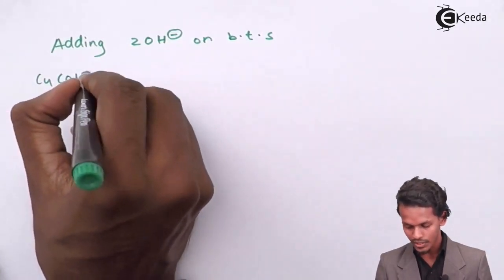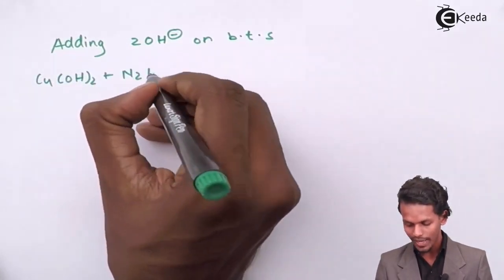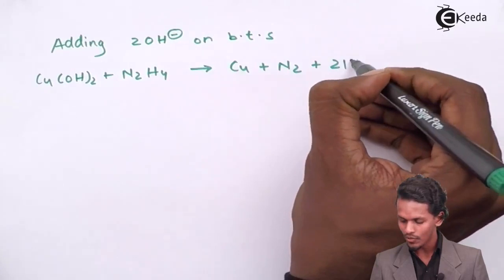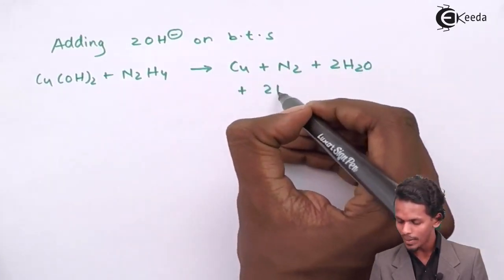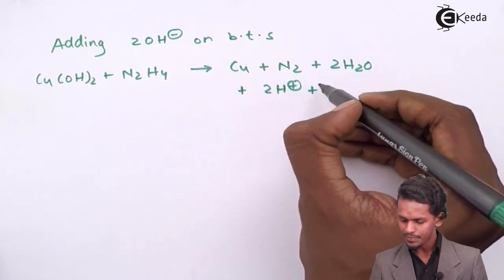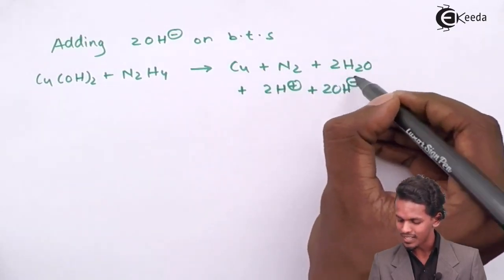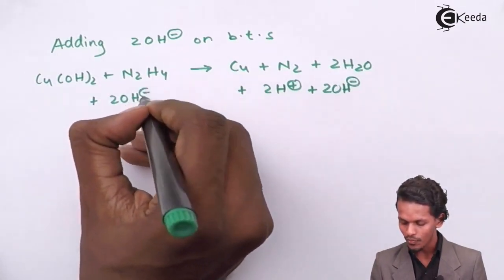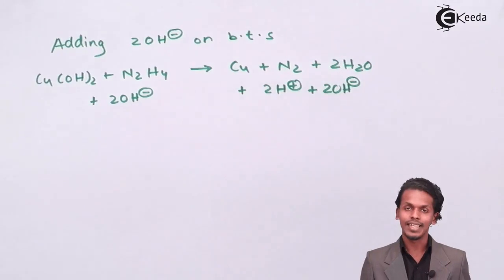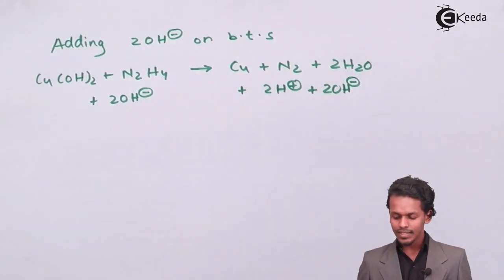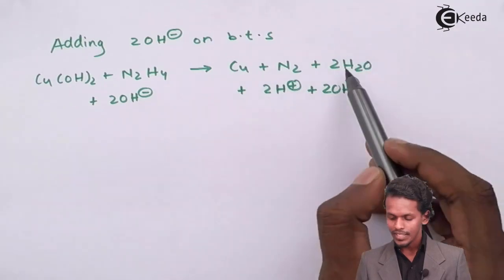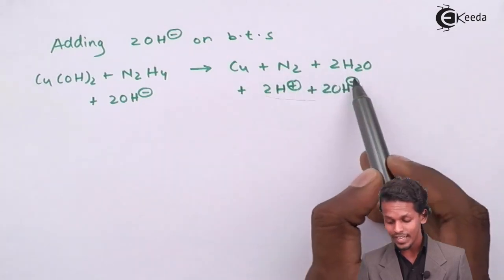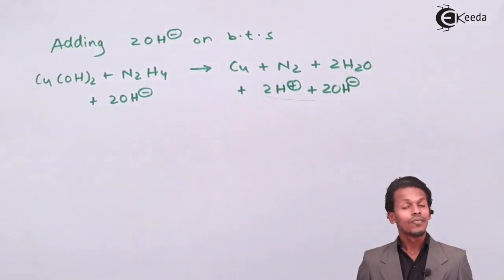CuOH twice plus N2H4, that should give us Cu plus N2 plus twice of H2O plus 2 times of H plus 2 times of OH minus, but 2 times of OH minus should be on both the sides. So I am adding 2 times of OH minus or OH group on the left hand side also. This gives us an equation where the total number of water molecules becomes 2 times of H2O plus again 2 times of H2O, which becomes 4 times of H2O.